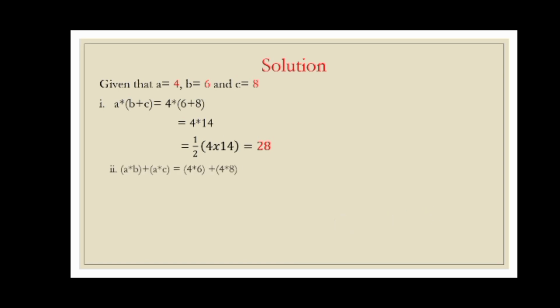Okay, so let's just substitute the numbers into it. So A star B, that's 4 star 6, plus A star C, that is 4 star 8, right? Good. Okay, so this is what we get.